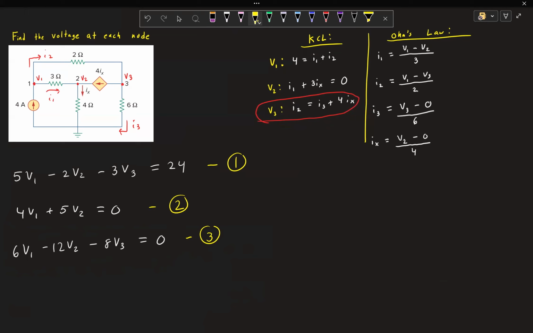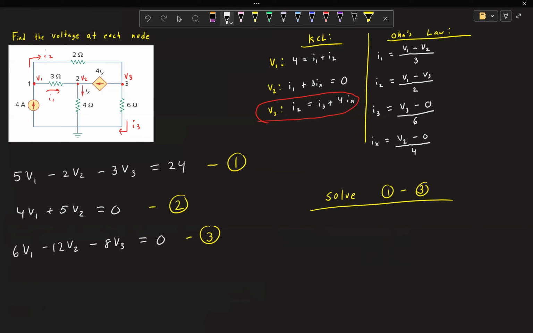So now the last step is just going to be to solve equations 1 through 3. You can do this any way you want. Ideally, you'll use a matrix calculator or something so you don't have to do all the algebra. I'm sure you already know how to do algebra.